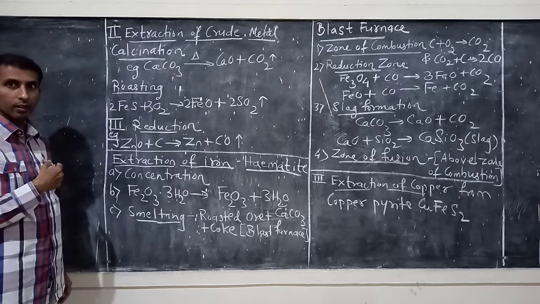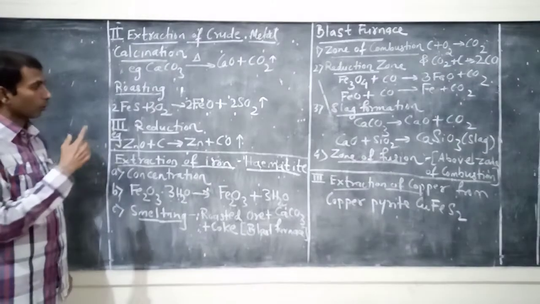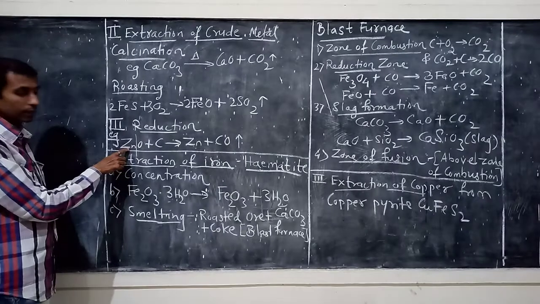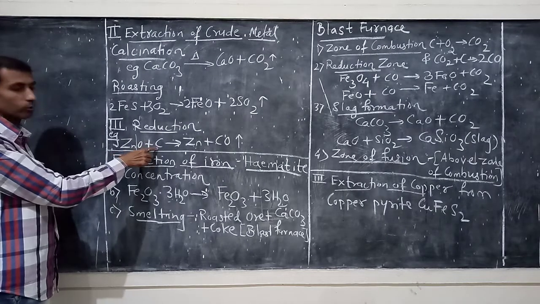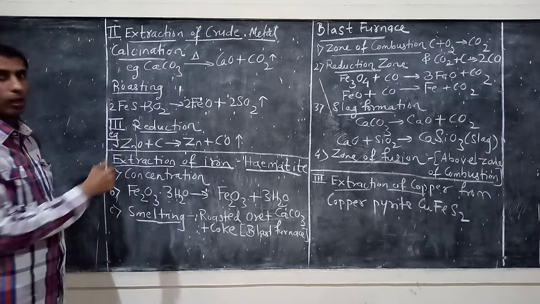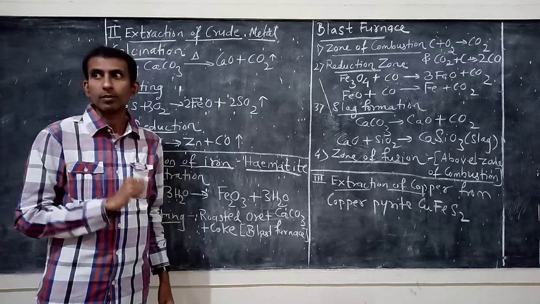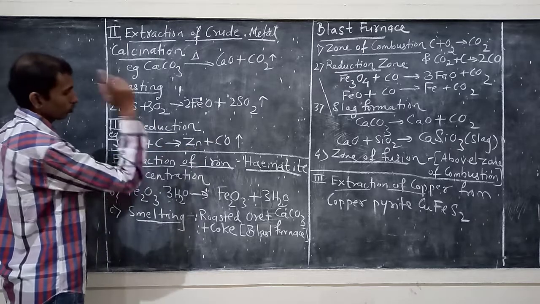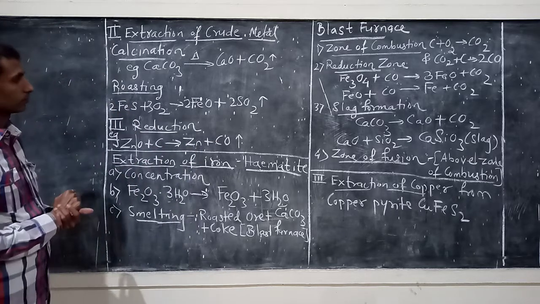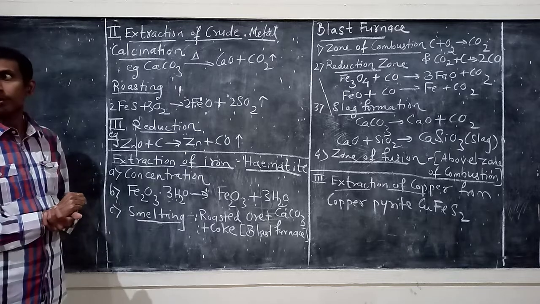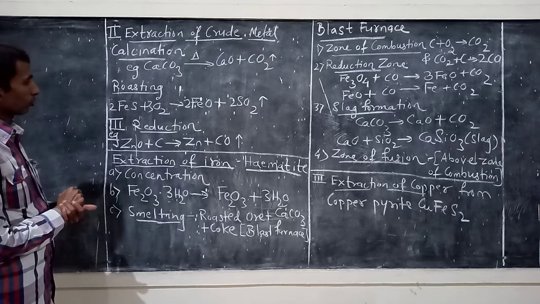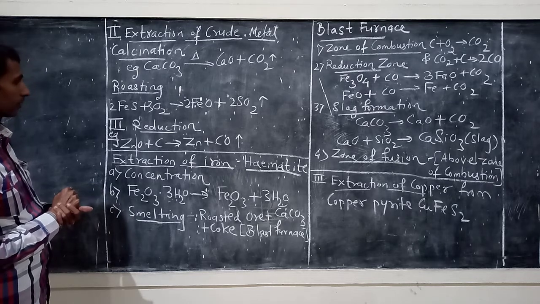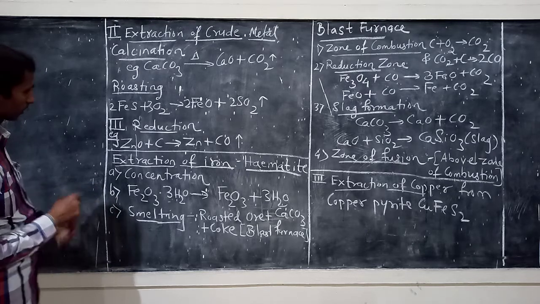And we know what reduction is: separation of oxygen from the metal. Look here, we have taken one example, zinc oxide, and the reducing agent used is carbon. Most of the time we use coke or pure carbon. So ZnO plus C gives Zn plus CO. So we obtain metal here, and the metal obtained is zinc.